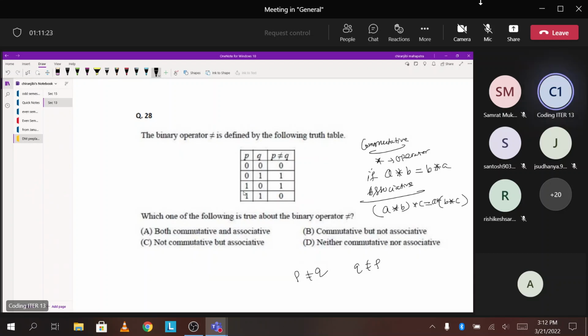So P not equals to Q and Q not equals to P are equivalent statements. That's why we can say it is commutative in nature. Same case here, that is commutative.